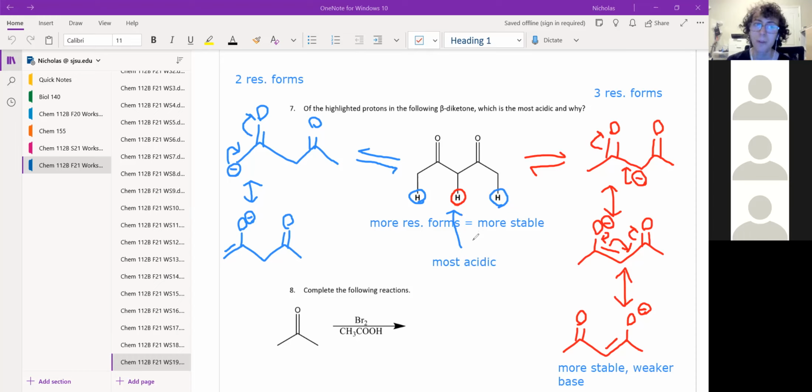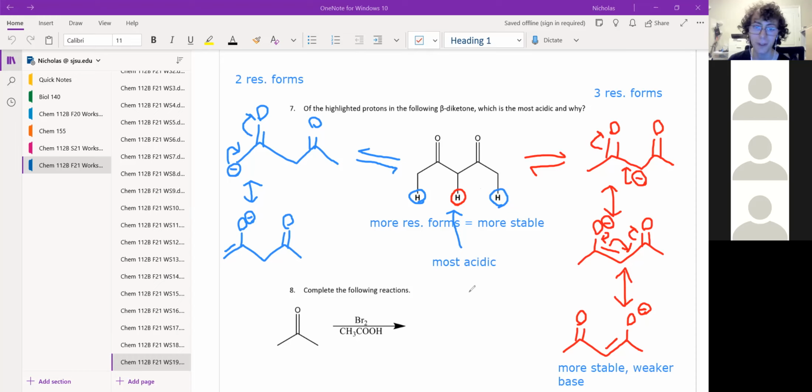And you will have to know the pK value for this. If it's a proton between two carbonyls, I think it's around 10. I could be misremembering, I'll talk about it in more detail on the next worksheet, but I think it's around 10 or 15.